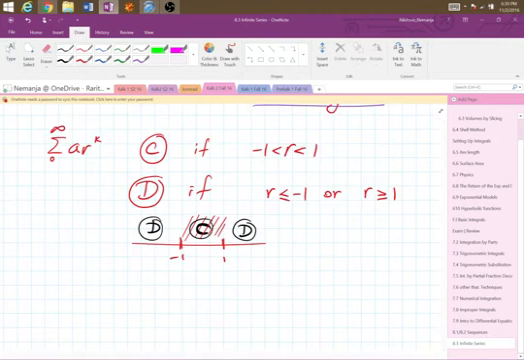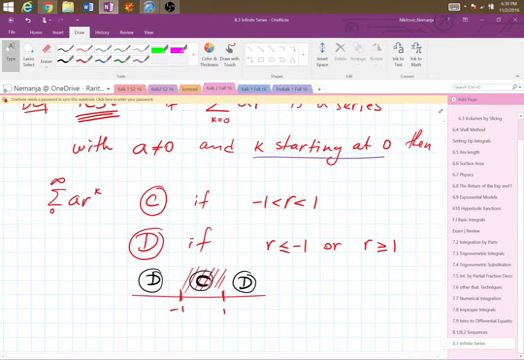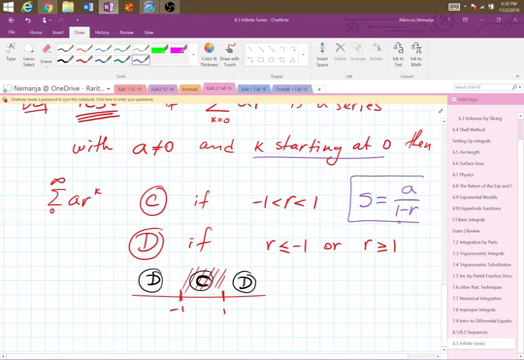So here are the examples. Oh, hold on. Very important thing. If it converges, the sum is given by the formula a over 1 minus r. Obviously, divergence goes to infinity. So this is your sum.